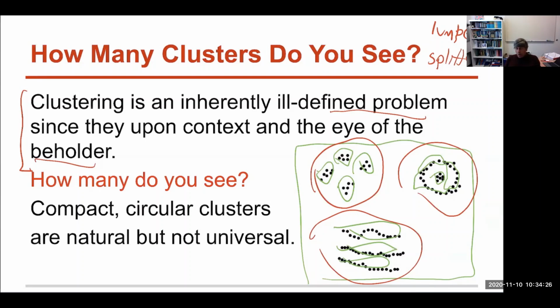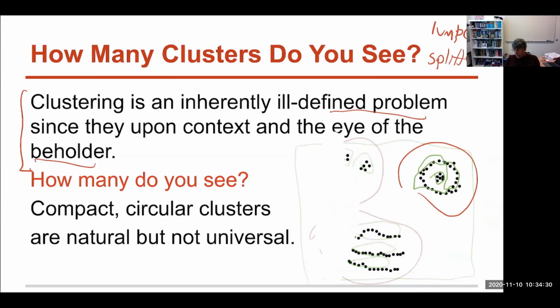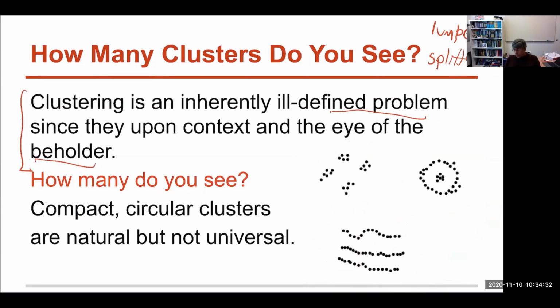And also recognize that when we're thinking about clusters, we often think in terms of nice, compact ones. Again, the Platonic ideal of a cluster, I think, is these: relatively compact, dense things that are sort of circular.